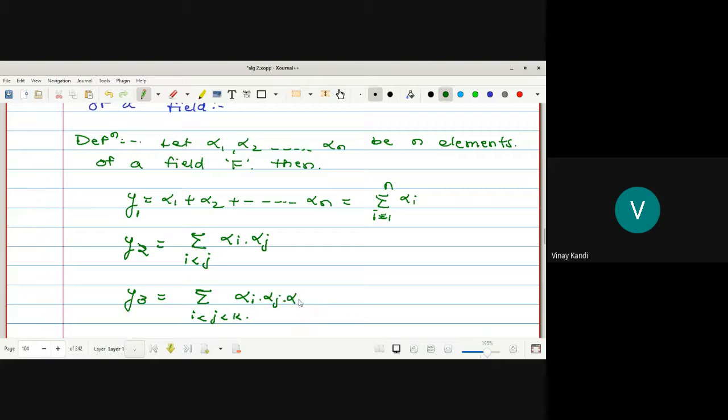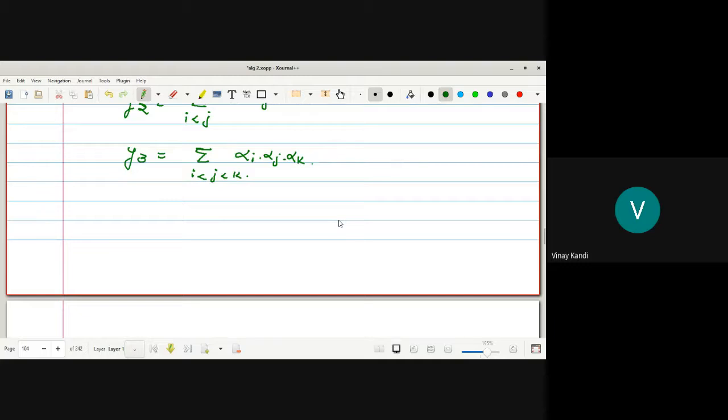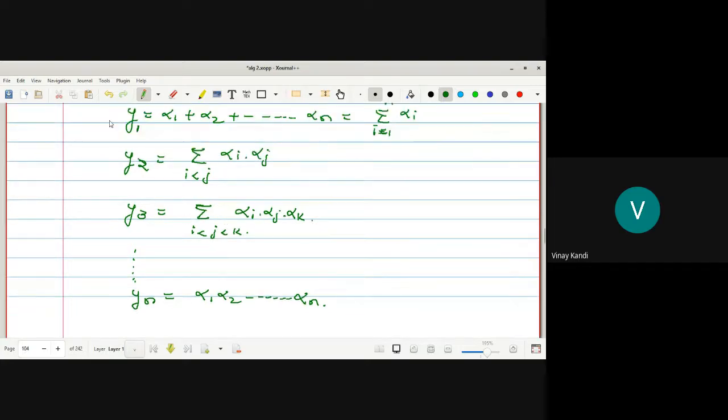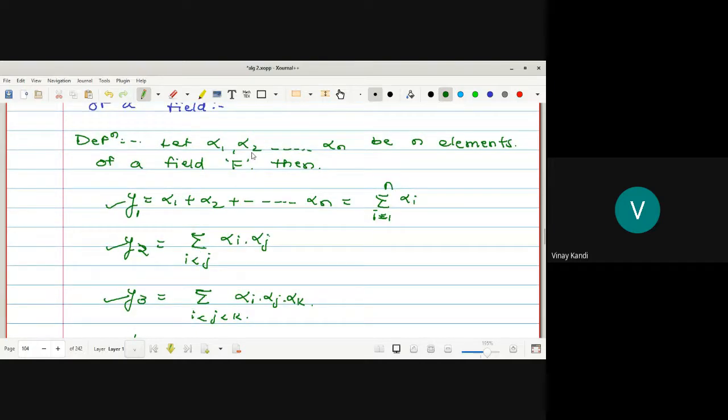Similarly, up to yn, we get alpha 1 into alpha 2 up to alpha n. So these are the elementary symmetric functions y1, y2, y3, up to yn of the elements alpha 1, alpha 2, alpha 3, up to alpha n, which are elements of the field F.